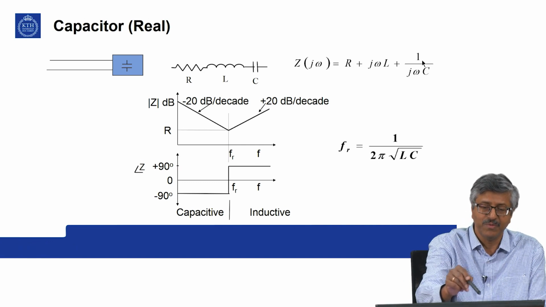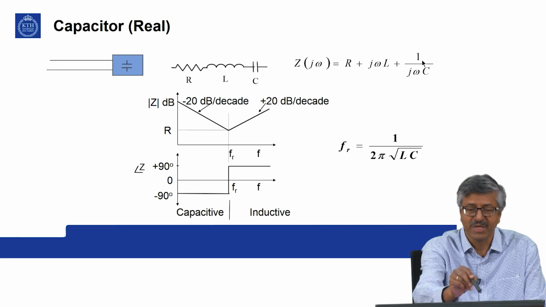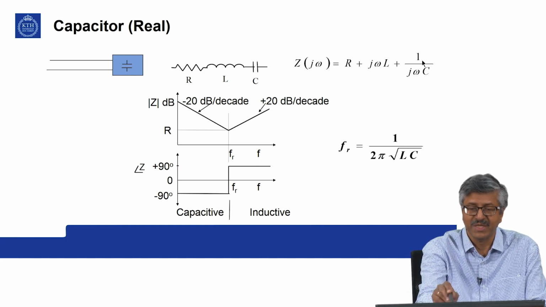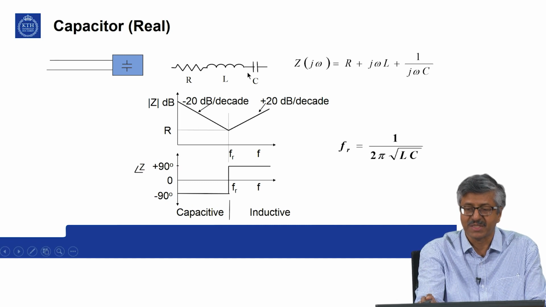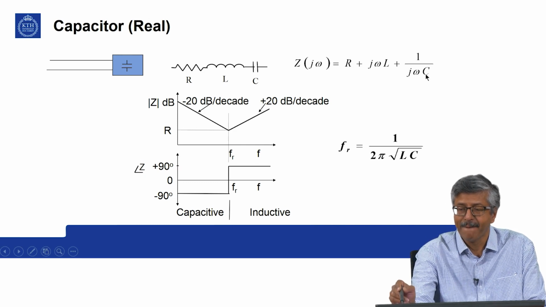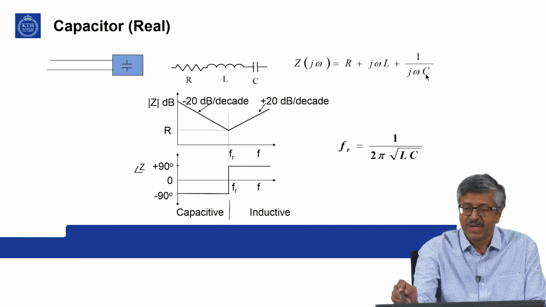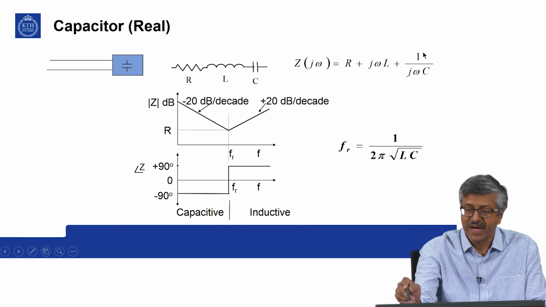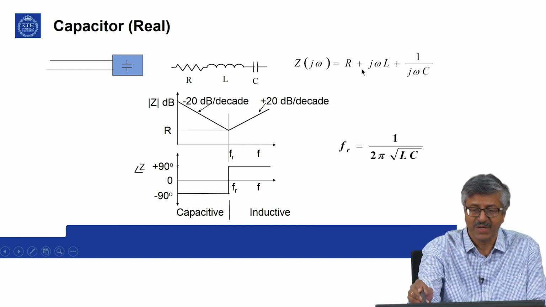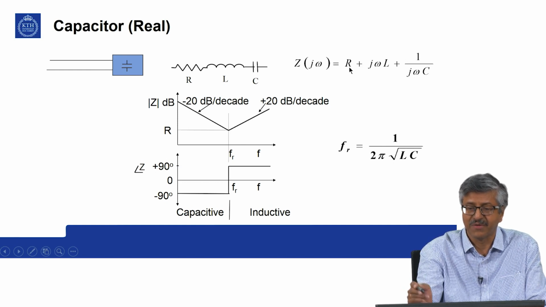You assume you are coming down from a very high impedance for the capacitor at DC, because the DC is completely blocked by this capacitor. Then as the frequency is increased, this becomes a finite value, but since frequency is small, this is a high number compared to j omega L. This is still small and R is kind of constant.